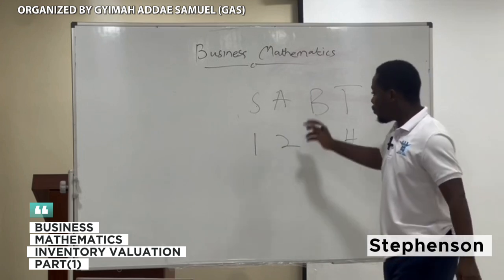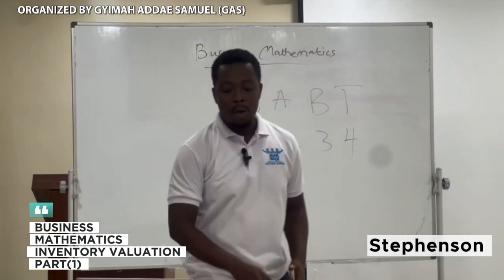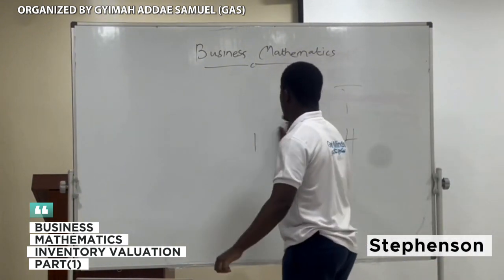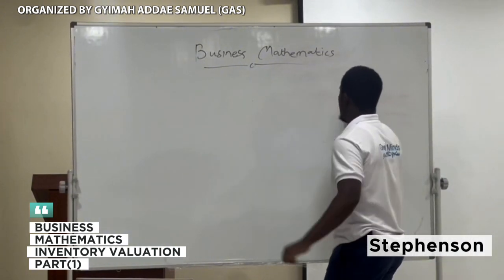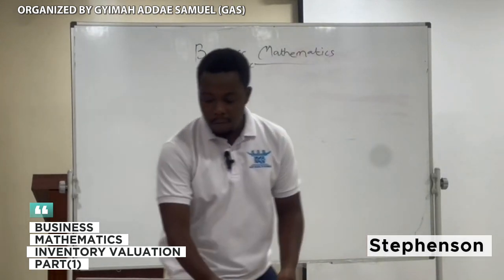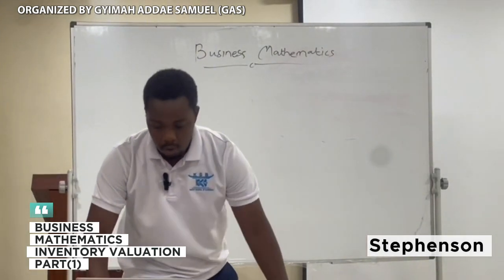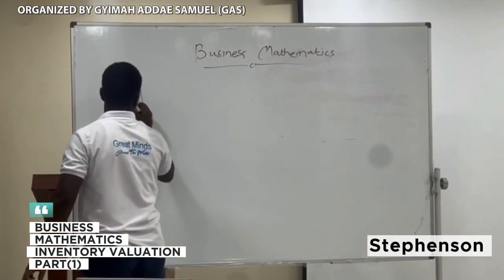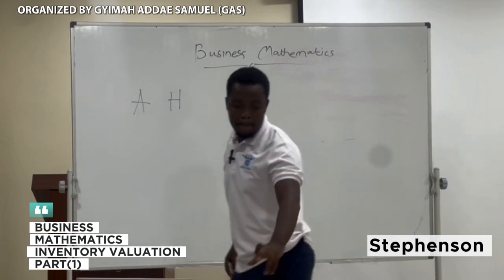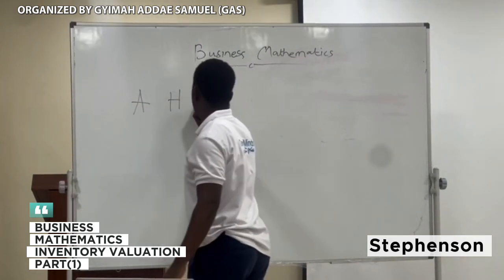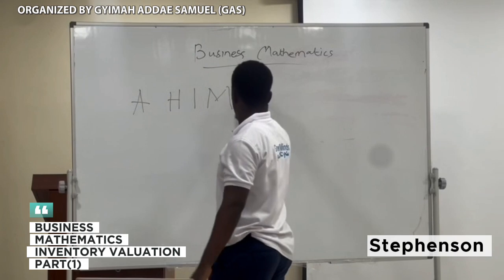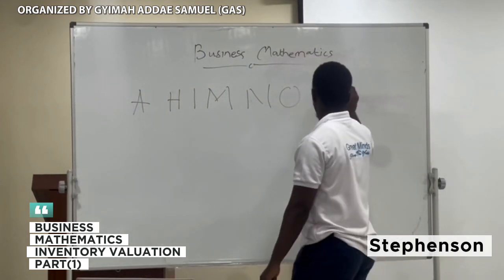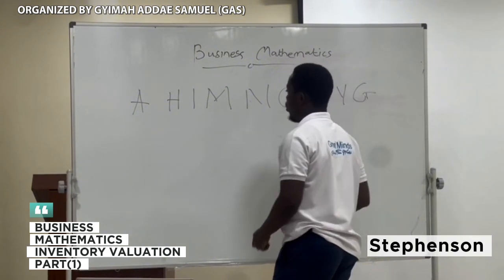Okay, so let's try and know how we can decode this kind of information and value our inventory. Let's take this example with a specific identification inventory: INNOPYG.